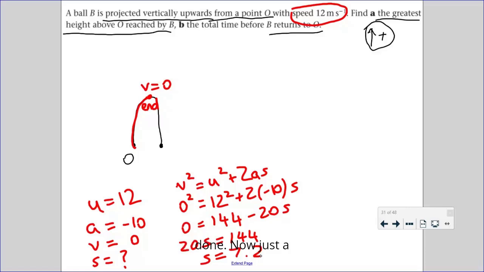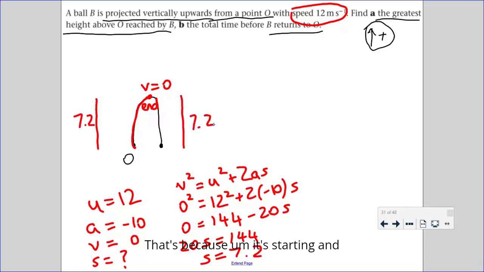Now, just for a note, so it takes 7.2 to go here. That means going back down would also be 7.2. Okay, that's because it's starting and ending at the same level of height, right?